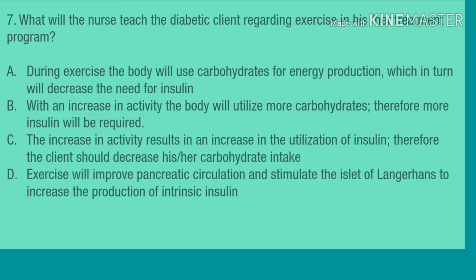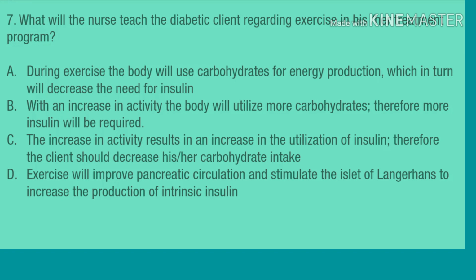Question 7. What will the nurse teach the diabetic client regarding exercise in his/her treatment program? A. During exercise the body will use carbohydrates for energy production, which in turn will decrease the need for insulin. B. With an increase in activity the body will utilize more carbohydrates, therefore more insulin will be required.